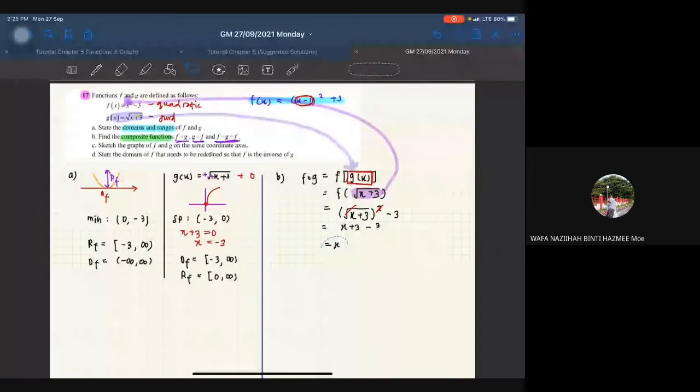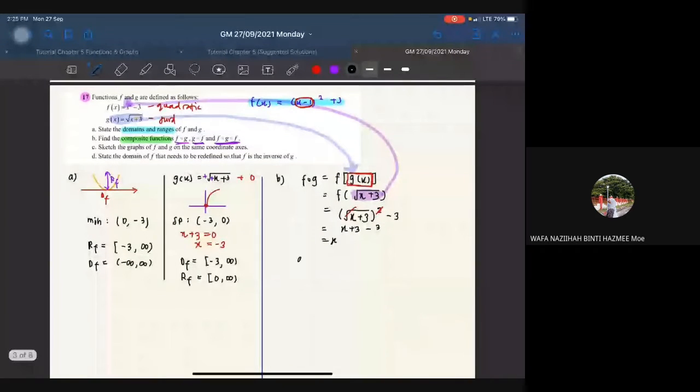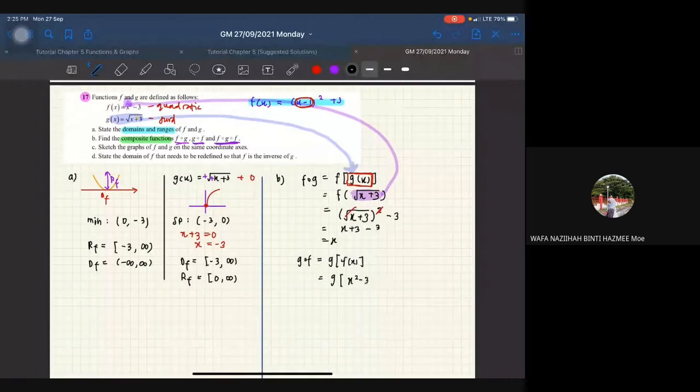Okay, move it up a bit. Okay, so the next part, the question asks us to find g of f. So this time we will put f into g. Okay, so g of f is equal to g of f(x) inside. Like this. Okay, so we first substitute f(x). So our f(x) is x square minus 3. So g in bracket of x square minus 3.